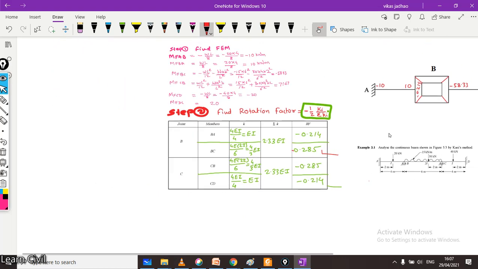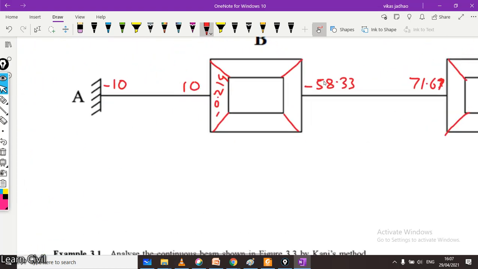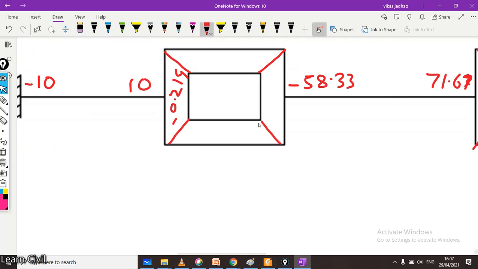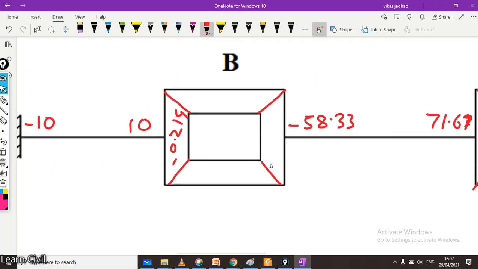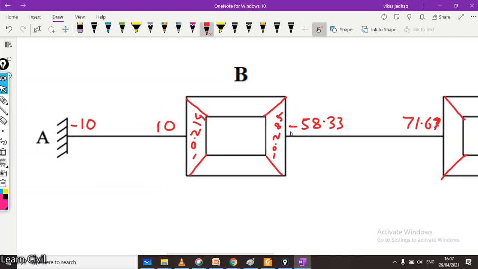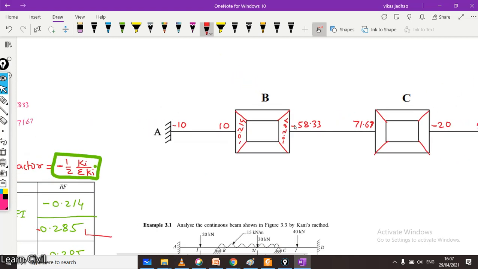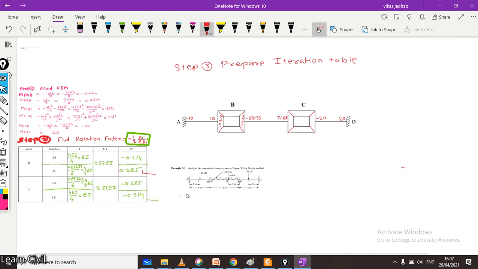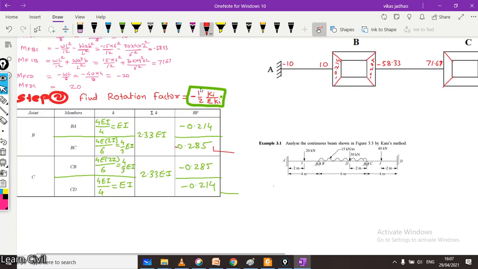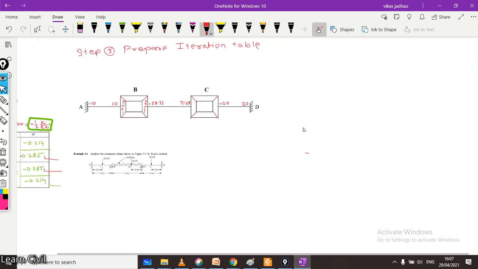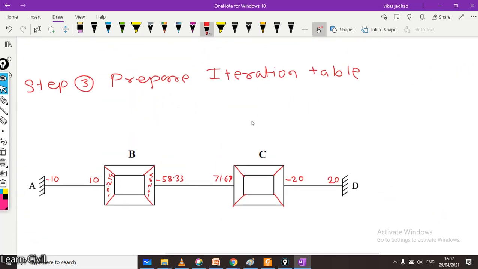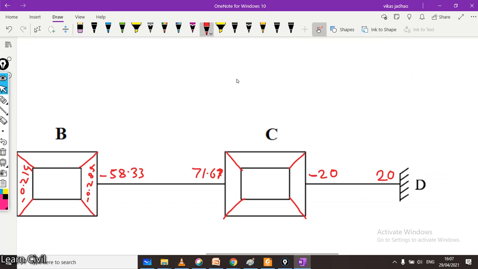So write down this rotation factor for BC here at joint B: minus 0.285. It is very difficult to write vertically. Similarly, the rotation factor for CB is minus 0.285, so write this minus 0.285 here, and again here.